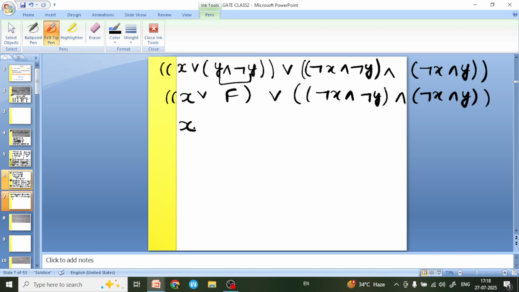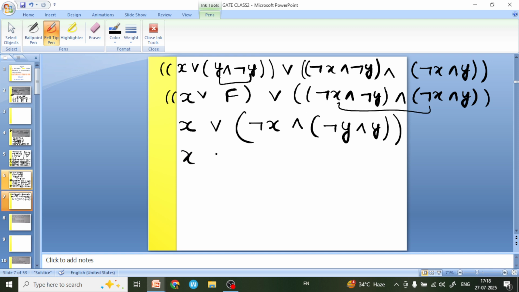Now x taken as common, and in the bracket not x and not y, and y will be taken in a common bracket and take the not x common.